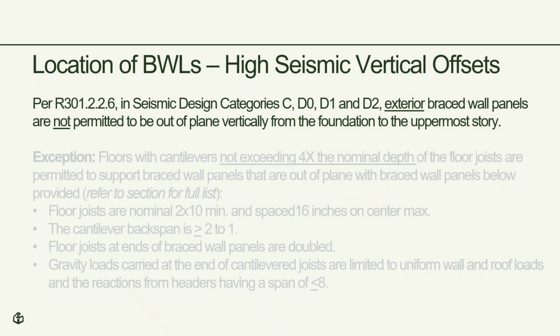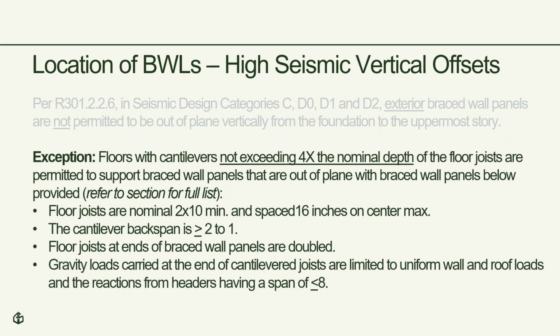The last additional limitation that I want to discuss is where you have exterior brace wall panels that are out of plane vertically from the foundation below to the uppermost story. There's an exception to this limitation that recognizes floor cantilevers, provided the cantilever does not exceed 4 times the depth of the floor joists.